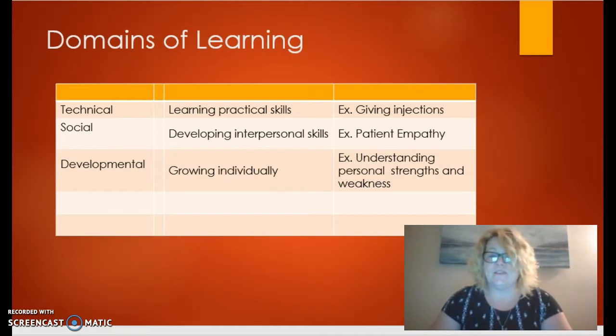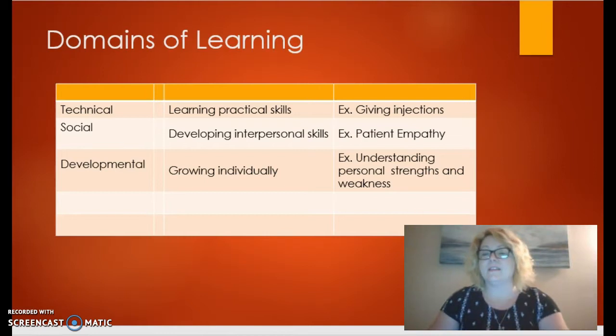The next one is that social domain, learning to have some interpersonal skills with patients. One of the hardest things I've had this year to teach is I've had several students who have real trouble with empathy. And with patients, empathy is key. Empathy is actually understanding what someone's feeling, but not actually feeling it.